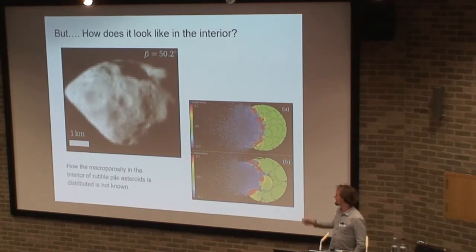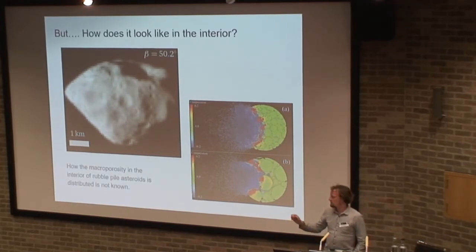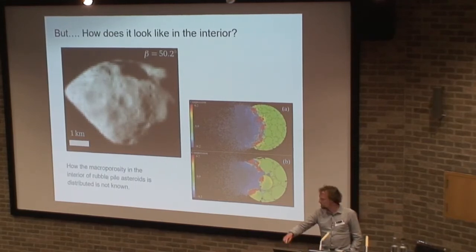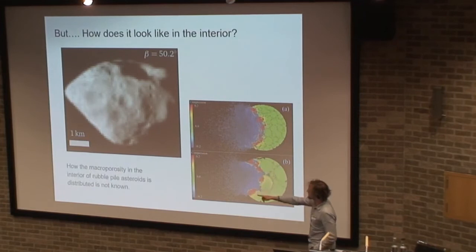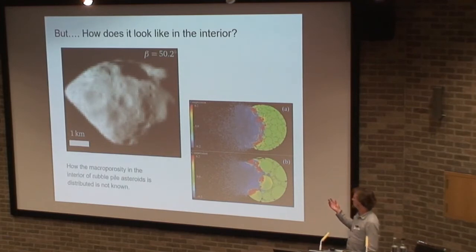On asteroid Steins, I did a study once where I could link the impact crater you see on the southern pole to these series of pit-like structures, and it shows that for Steins, if we have more large-scale voids in the interior of this asteroid, then this could be linked to this impact event.